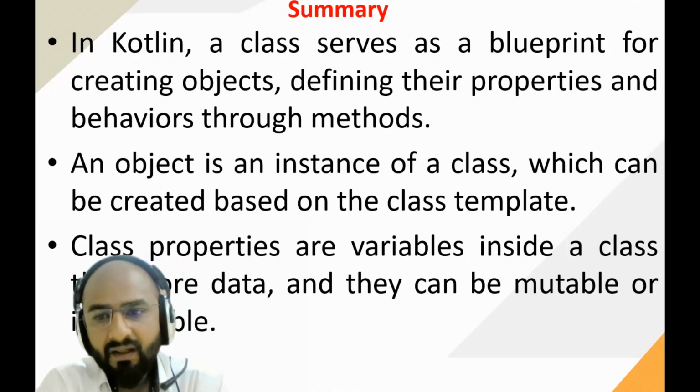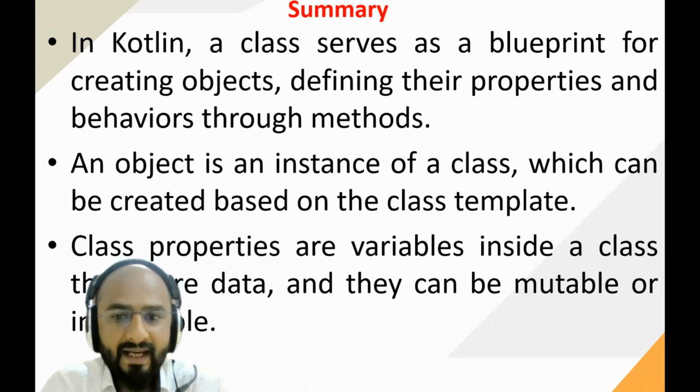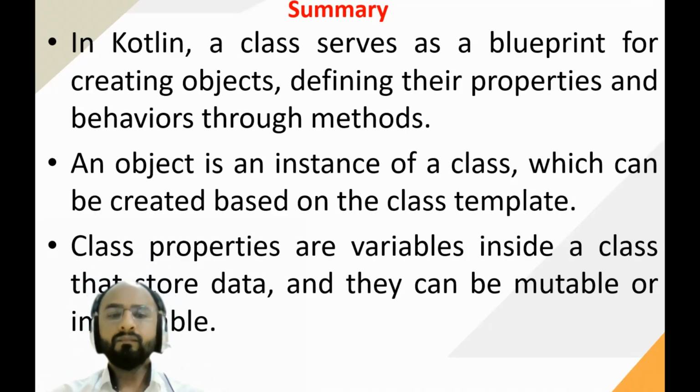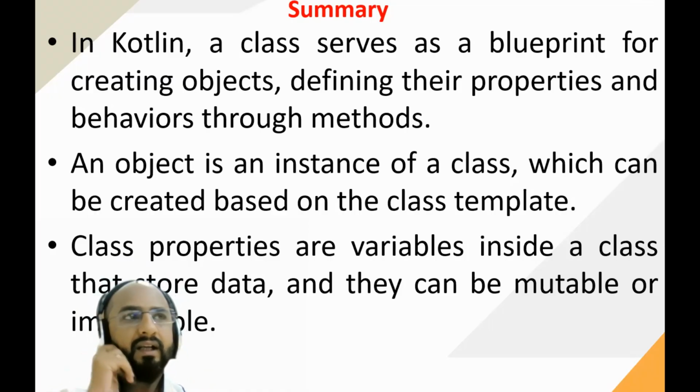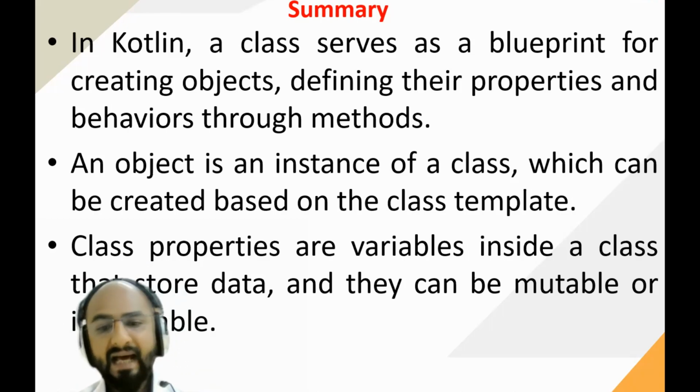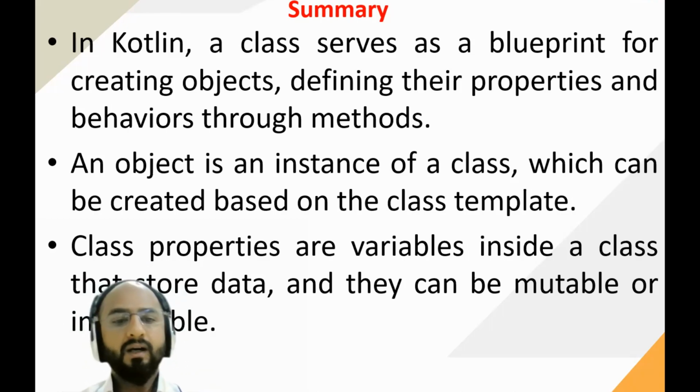Class properties are variables inside a class that store data, and they can be mutable or immutable. Okay. So a class property is a variable declared in the class. It is used to store data, and a class property can be mutable and immutable also.